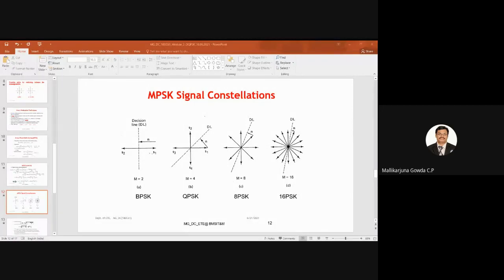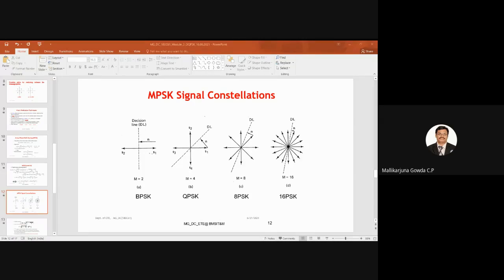In case of BPSK, I said I convey bit 0 by one phase shift and bit 1 by another phase shift, that is 0 degree and 180 degree. In case of QPSK, 2 bits form one symbol, right?